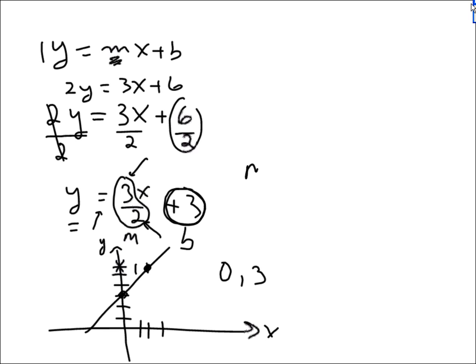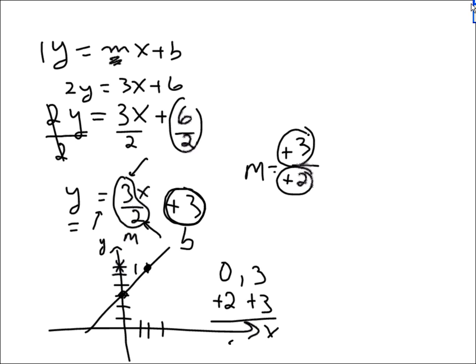And then, since m is 3 over 2, positive 3 or positive 2, do that to the y. That is, add 3 to the y, and add 2 to the x, and you will get another point, namely 2, 6. And you go to 2, 6, and you put your little dot right there. And now you can draw the line. But it has to say y equals.